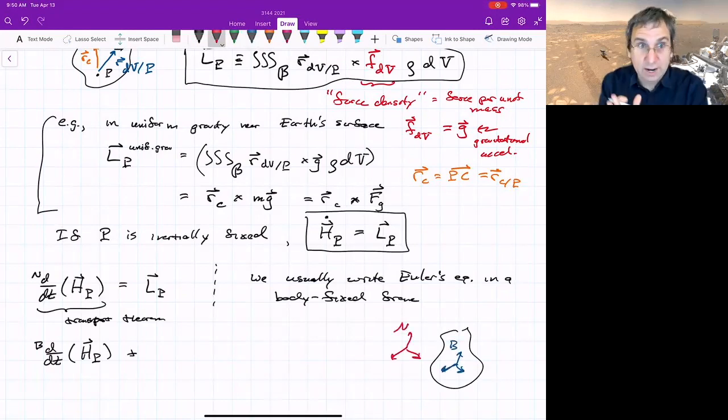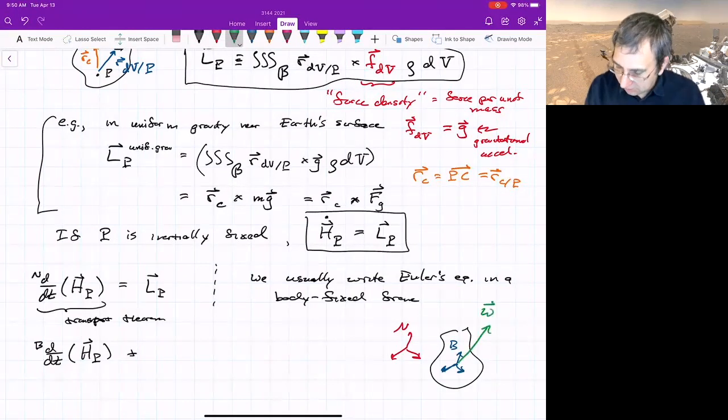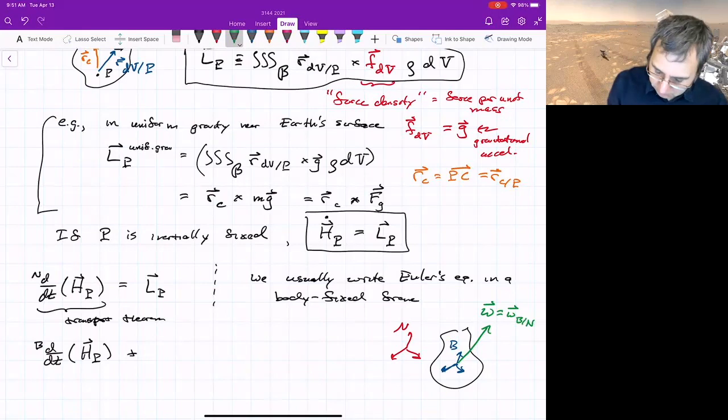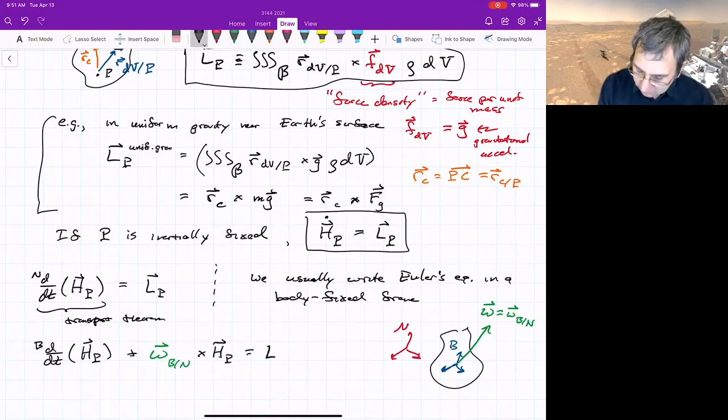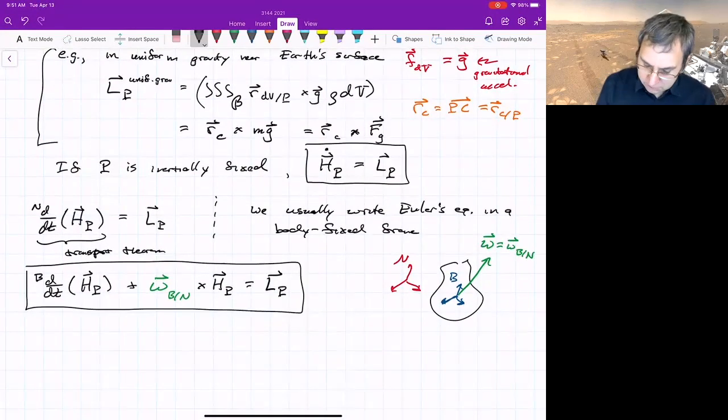They're just different triads of unit vectors. What we have called angular velocity is actually the angular velocity of the B frame with respect to the N frame. So this would be plus omega of the B frame with respect to the N frame, that's just the angular velocity, cross H_P, equals the total moment about that point. So that's just another way to write it. It uses the transport theorem.